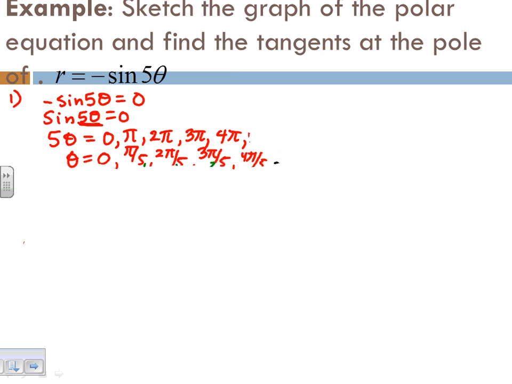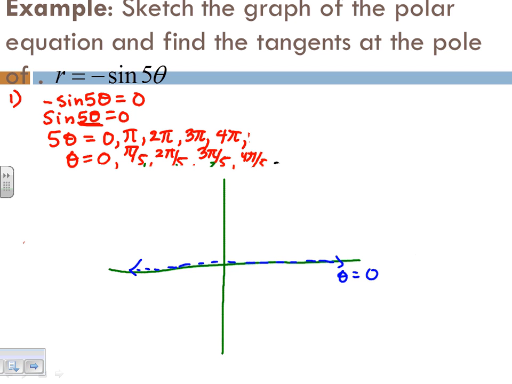So I have those tangents at the pole. We're going to sketch those first. It's hard, I feel like. Alright, zeros. Theta equals 0. Pi over 5.